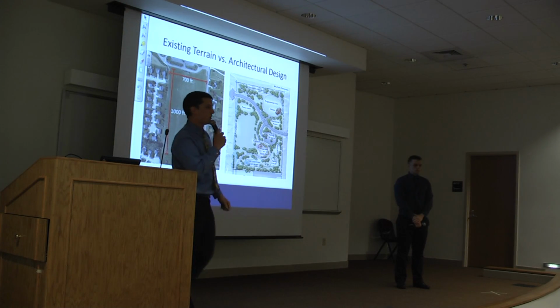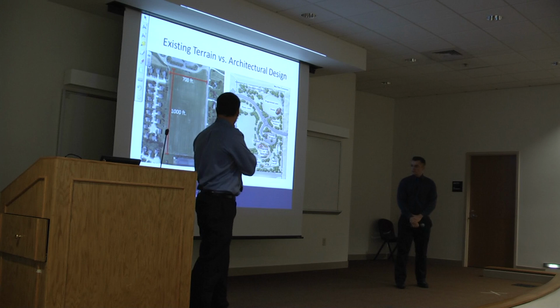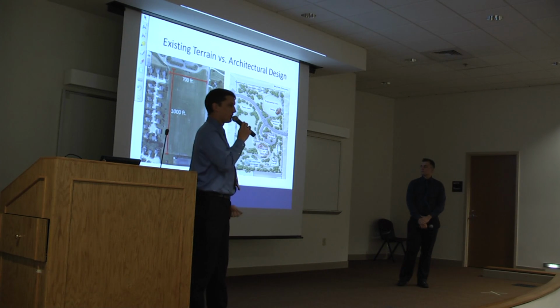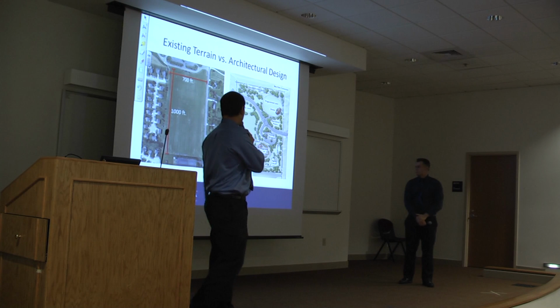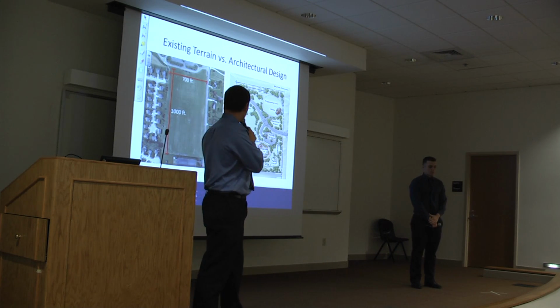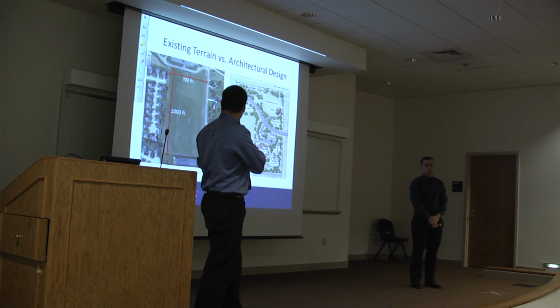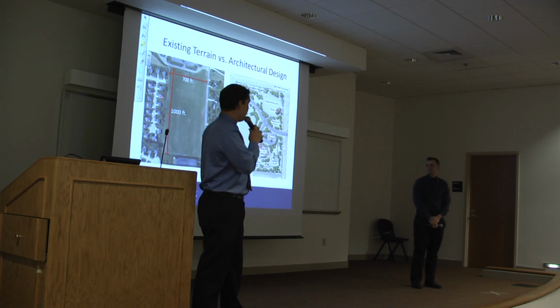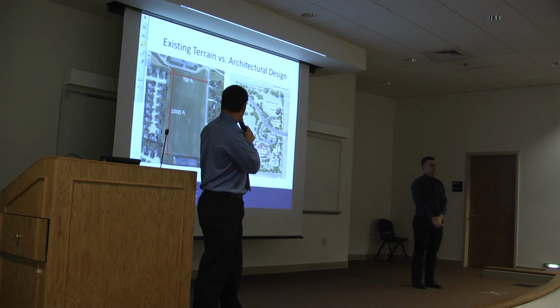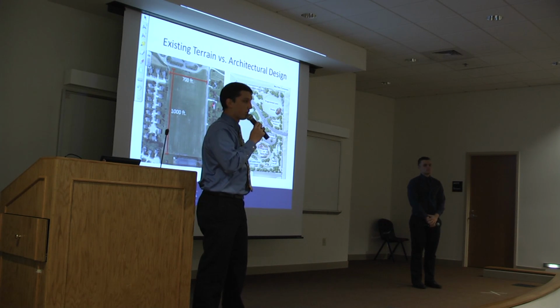On the left is a picture of the existing terrain, or the existing site. The site is about 700 feet wide by 1,000 feet long, about 16 acres. On the right is an architectural rendering of what the site is to look like. There's a roadway planned for the park. For the roadway, we have to connect to the existing road going into the site, and then connect that road to the other road on the other side.